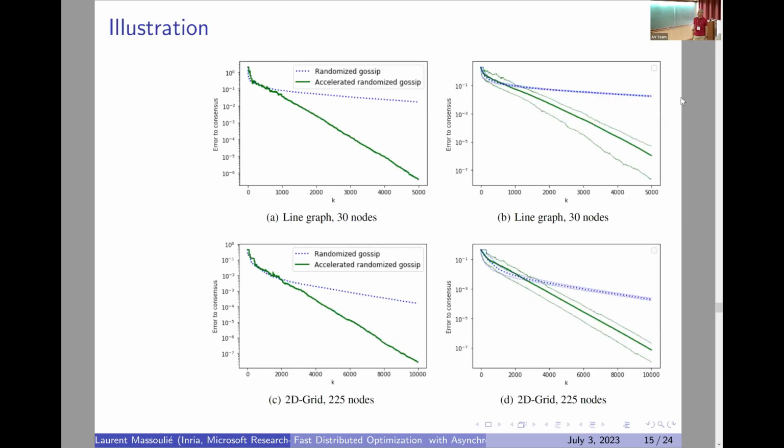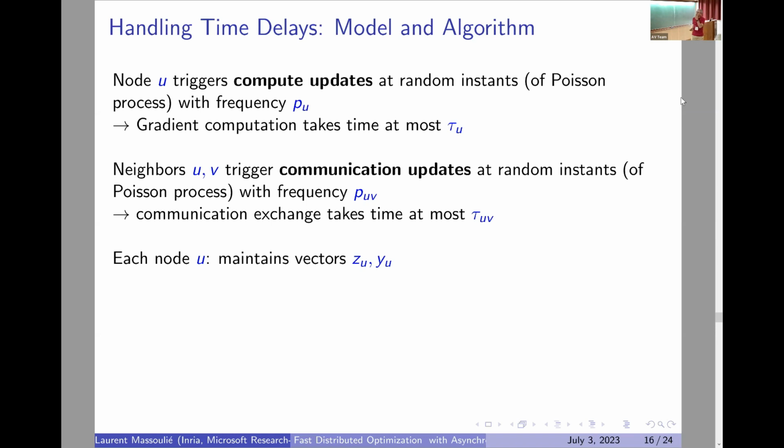Okay, so what I want to talk about next is the more realistic modeling. So in a real system, when you decide to compute a gradient, then it might take some time. When you decide to communicate, maybe there's some latency in the communication link between two agents.